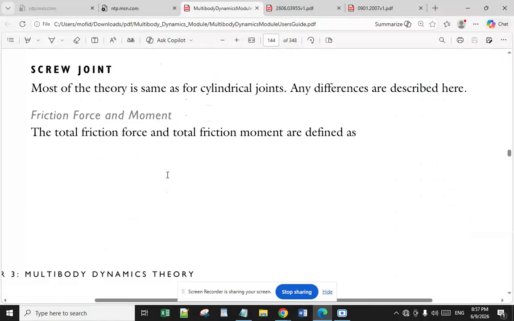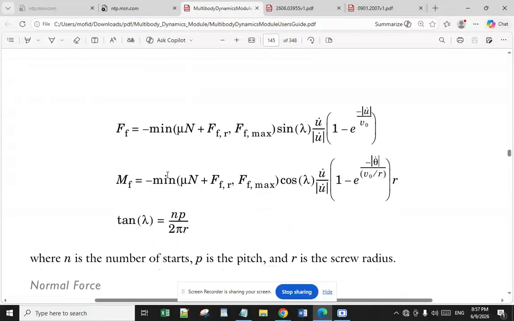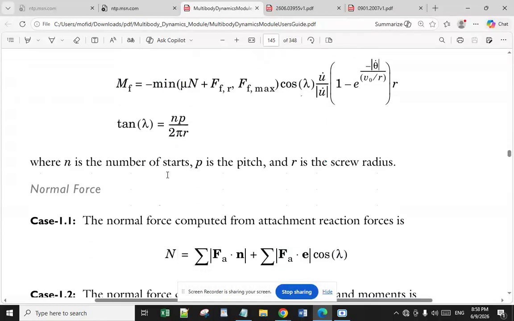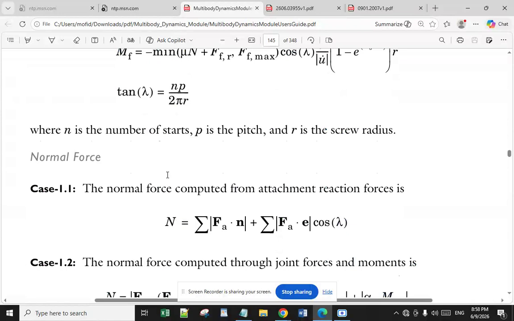The total friction force and total friction moment are defined as FF = -min(μ m + FFR, F_max) sin λ (u'/|u'|)(1 - e^(-|u'|/ν0)), MF = -min(μ m + FFR, F_max) cos λ (u'/|u'|)(1 - e^(-|θ'|/ν0)) / r * r. Tangent λ = np / 2πr, where n is the number of starts, p is the pitch, and r is the screw radius.